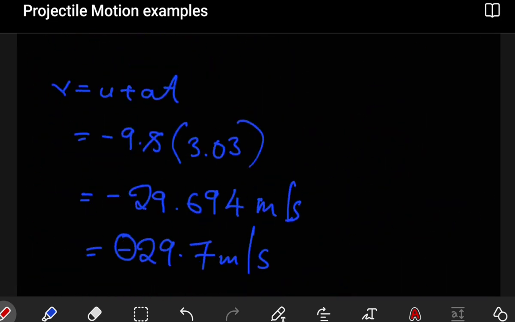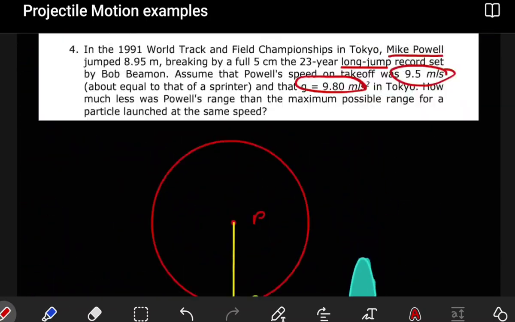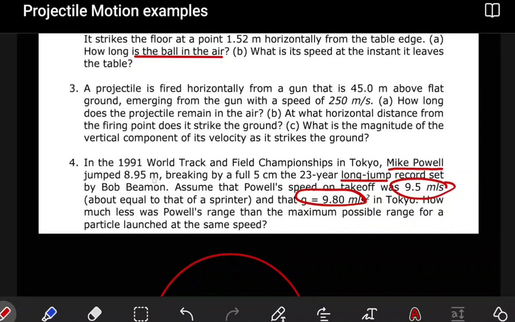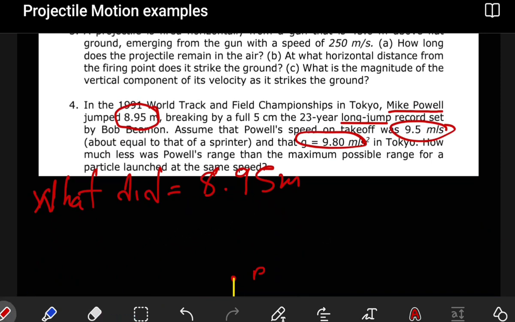So let's compare now. What are they saying here? Well, the question says that in this competition, he achieved 8.95 meters. So this is what he did. What he could have done, on the other hand, if he had jumped at 45 degrees, he could have done 9.21 meters.